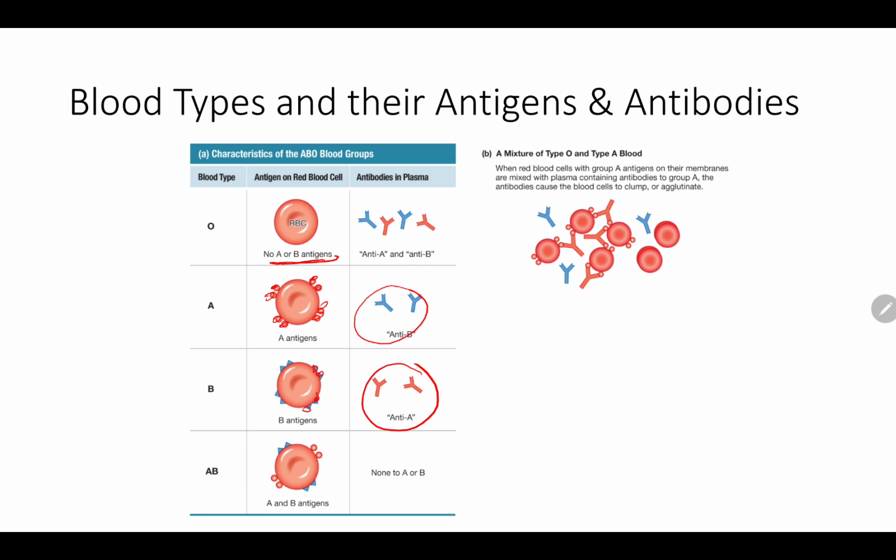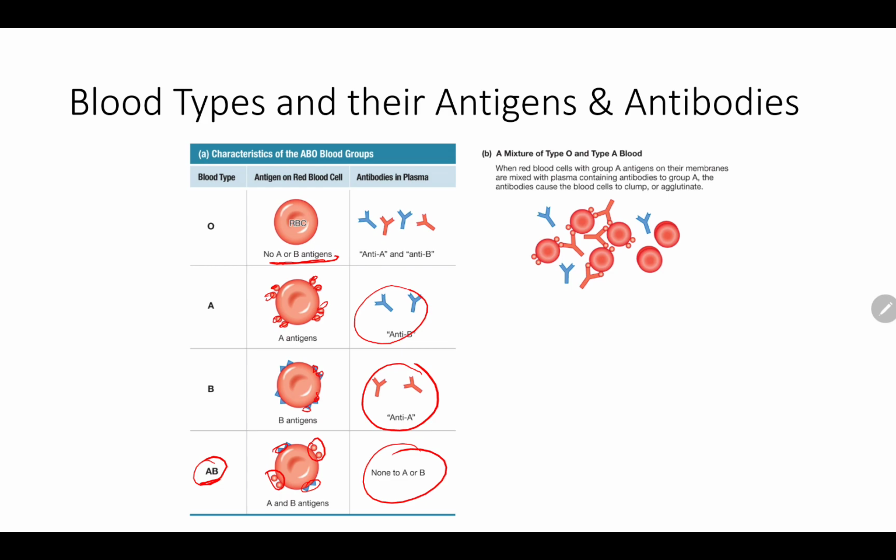So blood type AB, right? AB has both A and B antigens on their surface, but there's not going to be any anti-A or anti-B antibodies in the plasma, right?